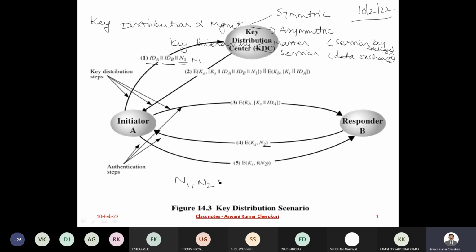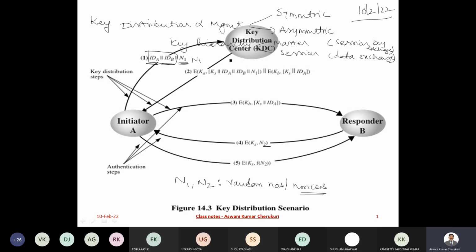N1 and N2 are typically random numbers, also called nonces. Random nonces, not nonsense, nonces. We will see their role a little later. In yesterday's class we didn't have this N1. Now N1 is added. Yesterday we discussed only this particular part.